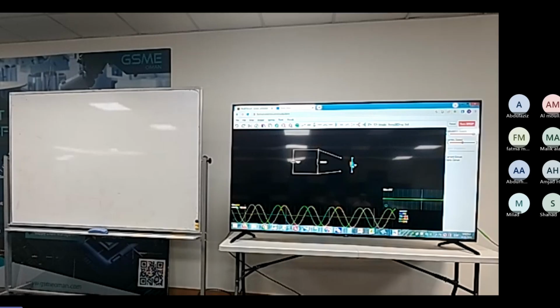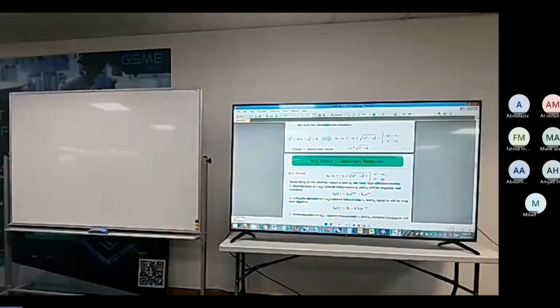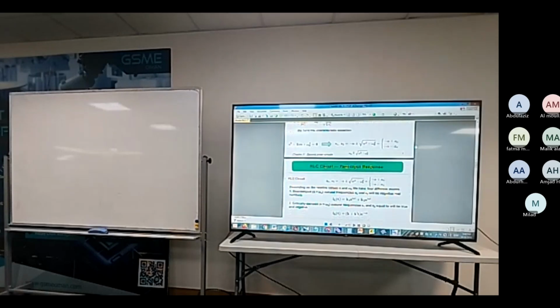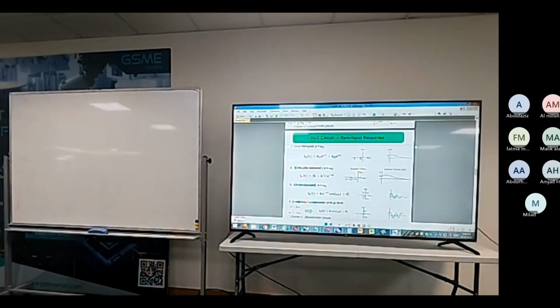It depends on the capacitor, when you have the resonance. It's related to the capacitor and ratio of the. Okay. Sorry to interrupt you. Feel free to ask questions.